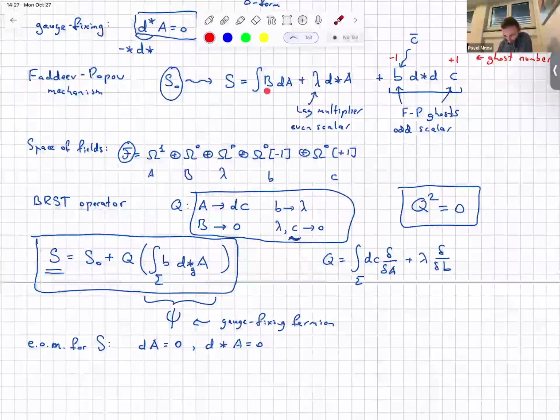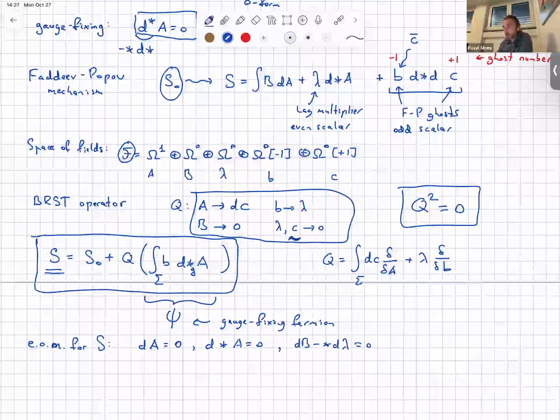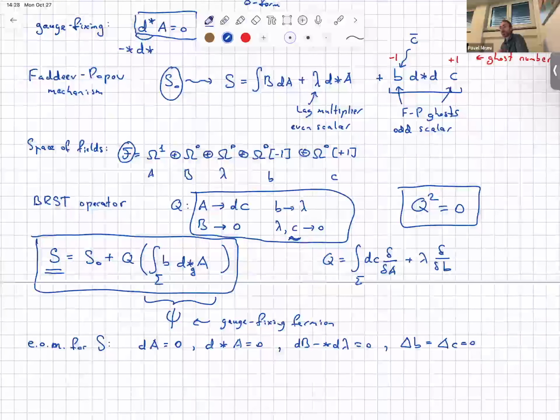If I take the derivative with respect to B, I get that dA is 0. I take the derivative with respect to lambda, I get that d star of A equals 0. I take the derivative with respect to A, I get a little bit more complicated equation, which is dB minus star d lambda is 0. And then I can take a derivative with respect to C and with respect to b, and that gives me equations that the Laplacian of B and the Laplacian of C are both 0. So, okay.